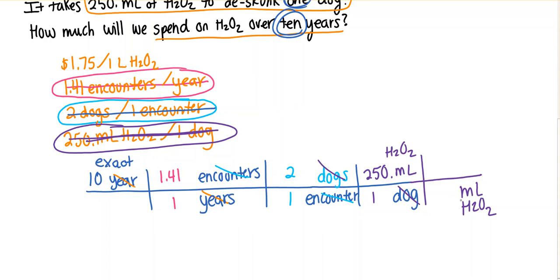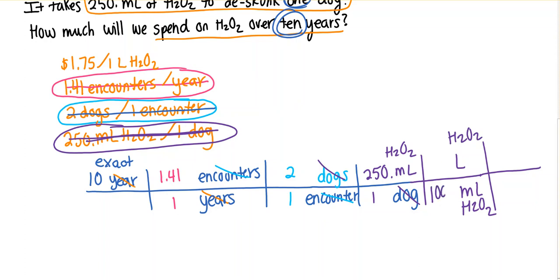And so I'm looking for milliliters of H2O2, but I don't have milliliters. I have liters. So that tells me that if I could get to liters, then I'll be able to use this last conversion factor. So I'm going to go to liters first. And I put in here what I know, and you can write it either way.